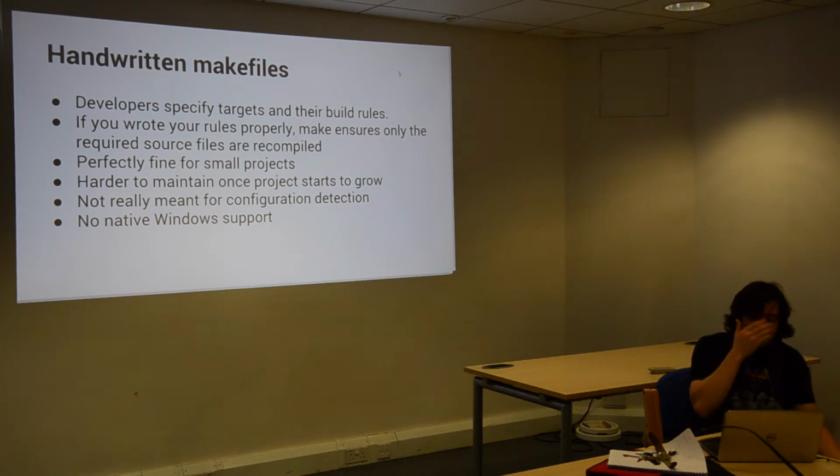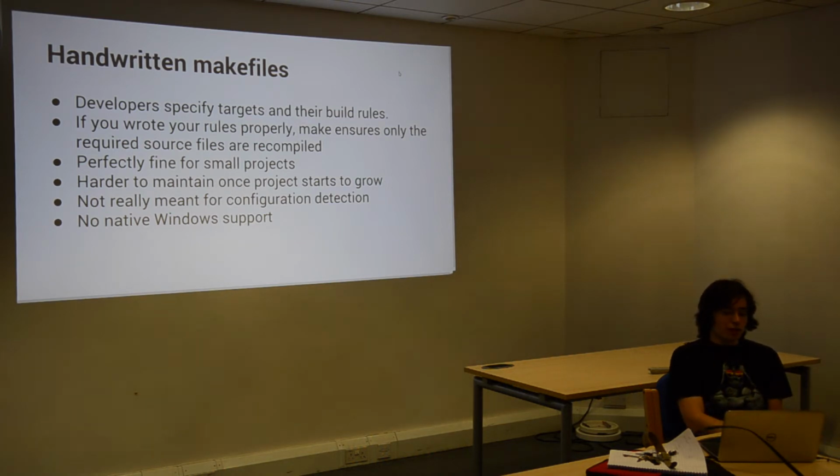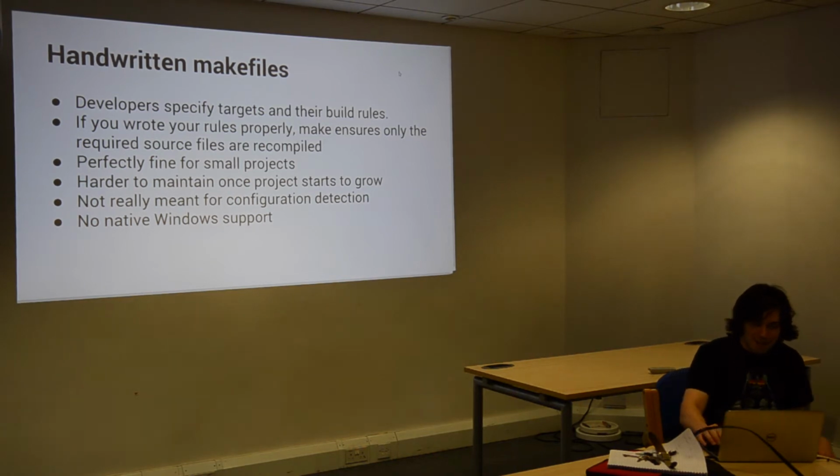This is fine for small projects, but it's really hard to maintain, and makefiles aren't built for detecting things on your system, like configuring or detecting if you have this library or that header file. You can sort of hack it to do that, but it's not designed for that, and there's also no Windows support if you care about that. So handwritten makefiles: try to avoid them if possible.